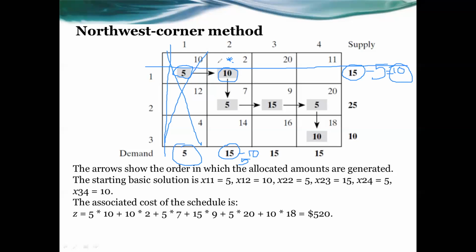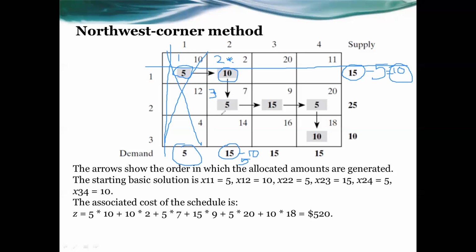Now in your table you don't have the first row or the first column. Then you start from this cell, the second column, second row. You started first here, then second here, and this is your third place.